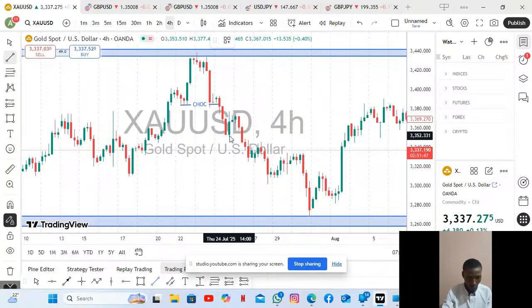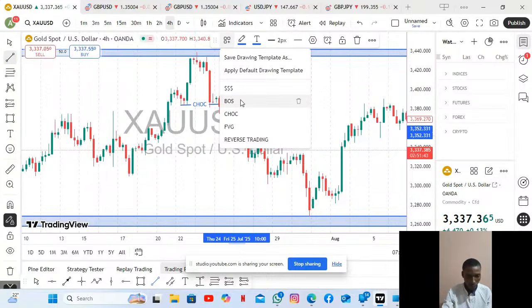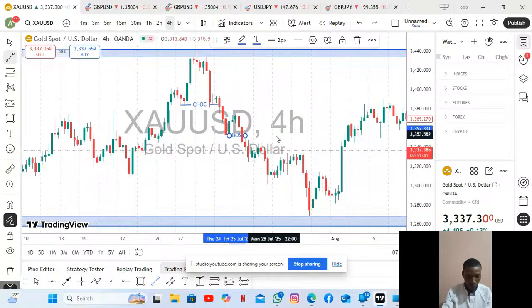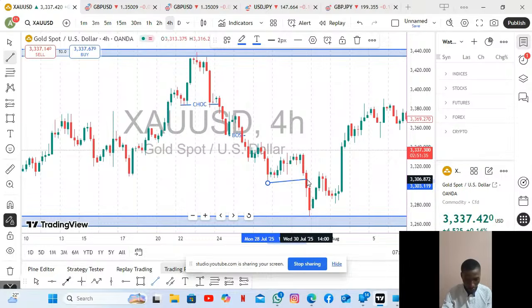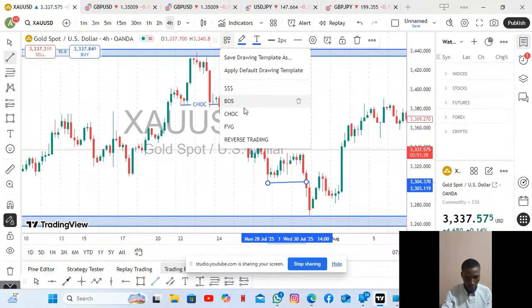This is the 4-hour time frame. Another break of structure here, to the downside.